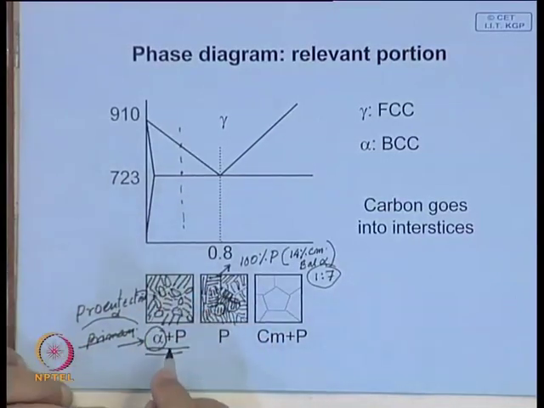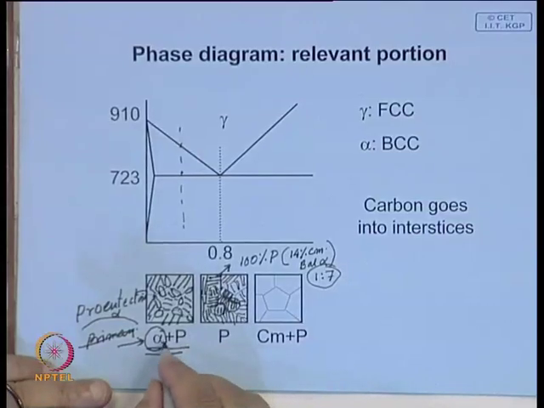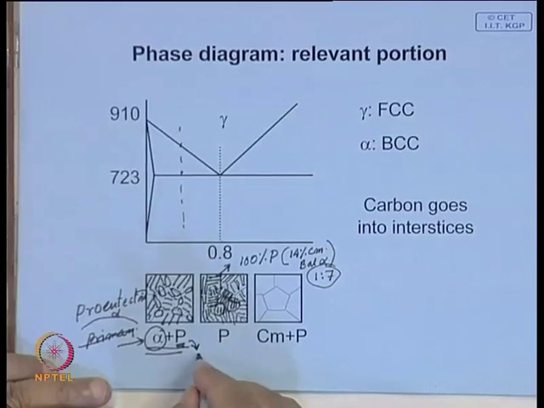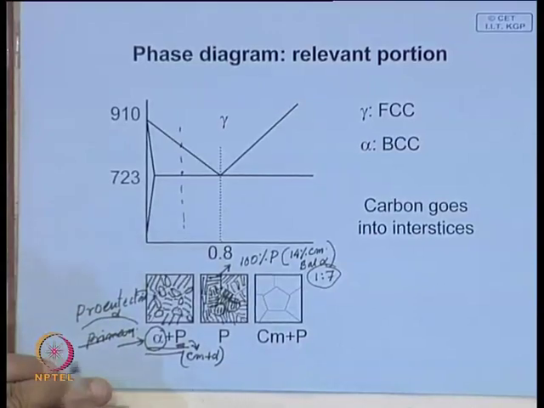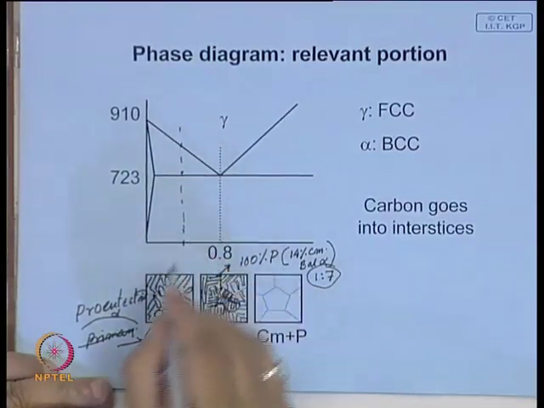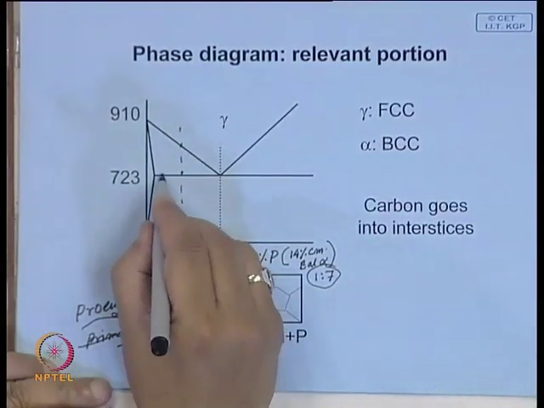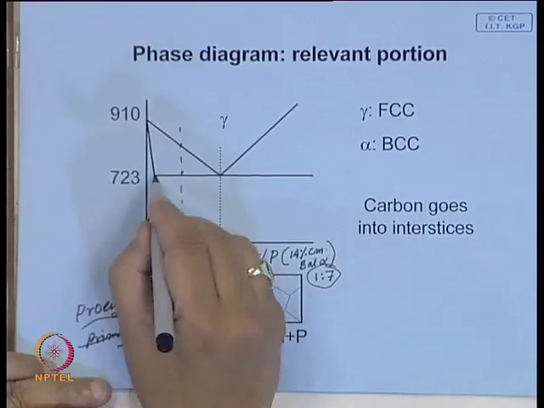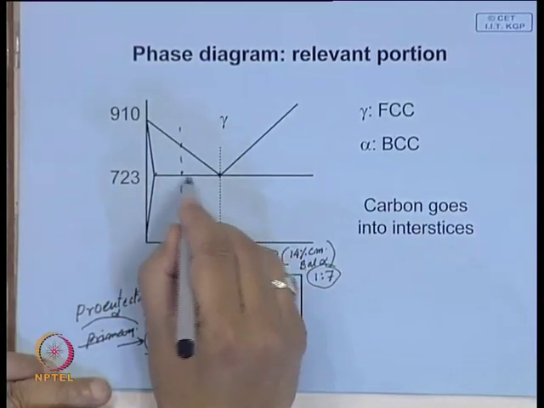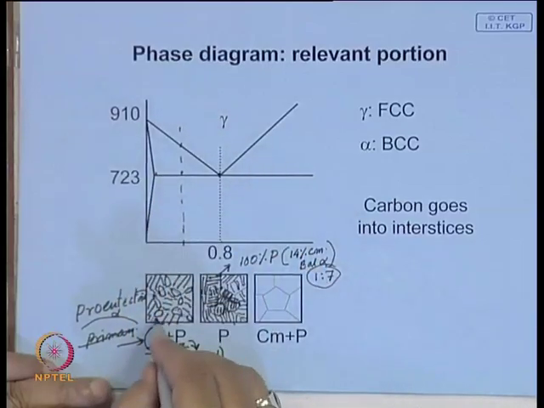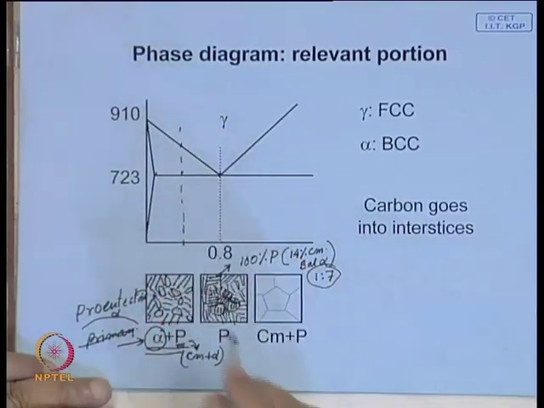So, the structure here will be made up of proeutectoid ferrite and pearlite, and this pearlite again is made up of cementite plus ferrite. In fact, the amount of this proeutectoid ferrite will be maximum at this end, and as you approach the eutectoid, the amount of proeutectoid ferrite goes on decreasing.